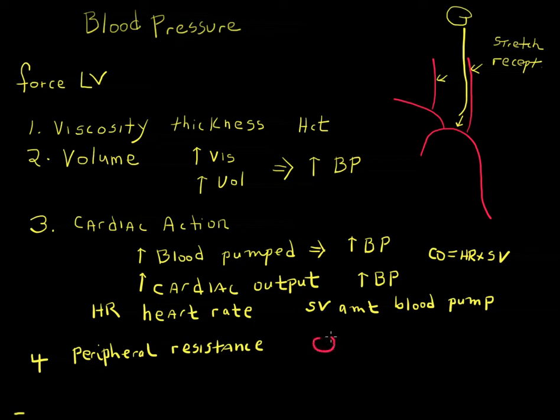So as the vessel gets smaller, that increases the peripheral resistance, and if the peripheral resistance goes up, the blood pressure goes up. So those four factors control the blood pressure. This is a rather brief look at blood pressure control. We'll have a little more to say about how the body can adjust the blood pressure in our next video.